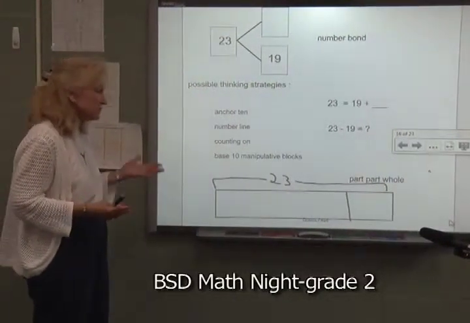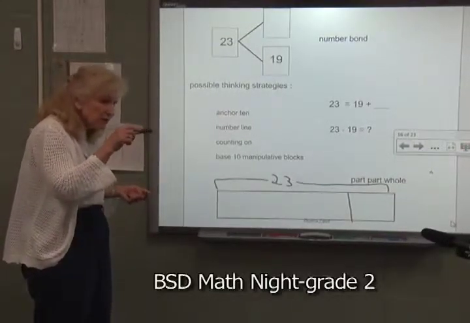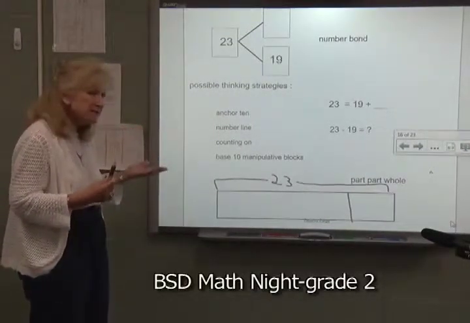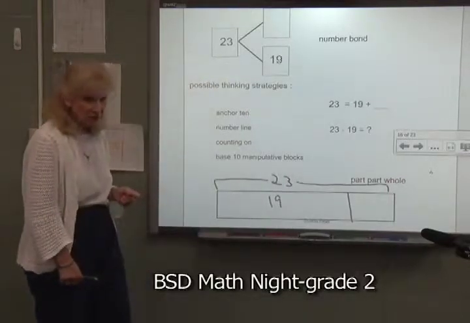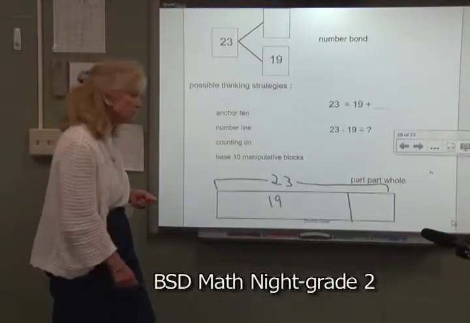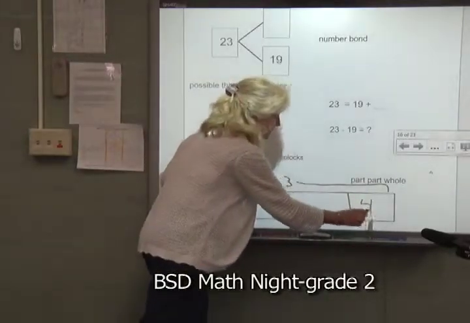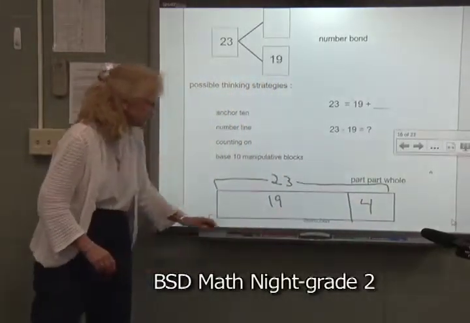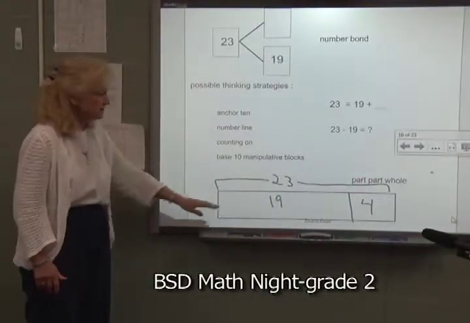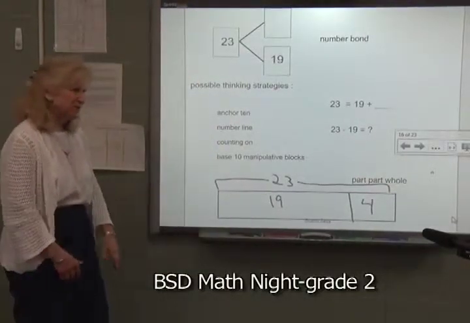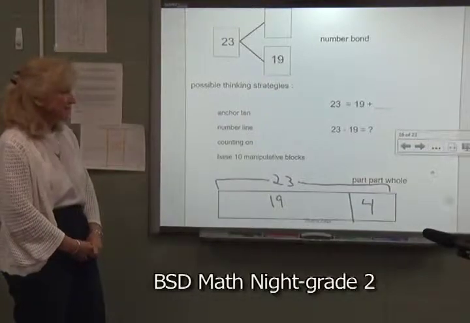Children start with counting off for 23, but it's an estimate that 19 is a much larger number than 4. It's a greater amount. And there's our part-whole model. Number bond, thinking strategies, magnitude representation. Okay, Sally.